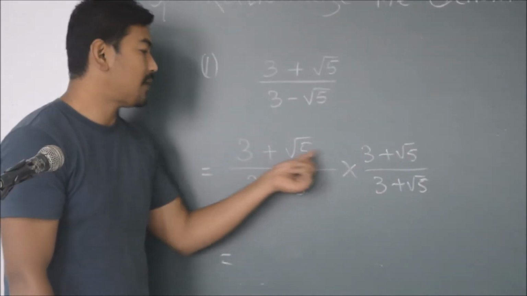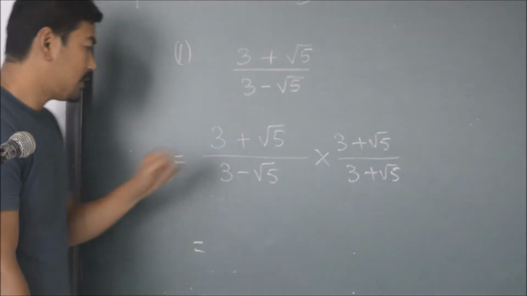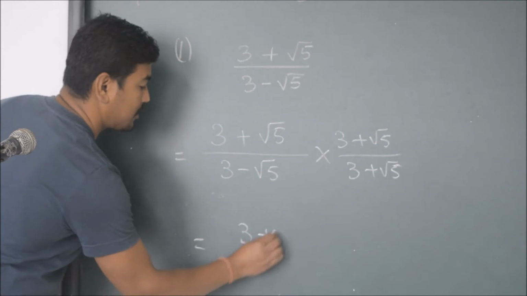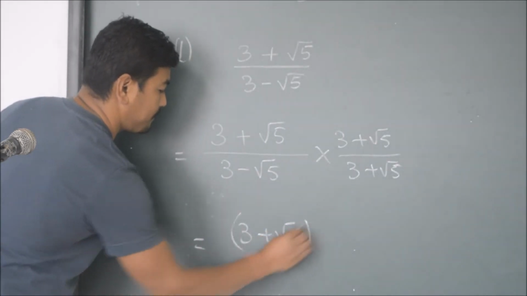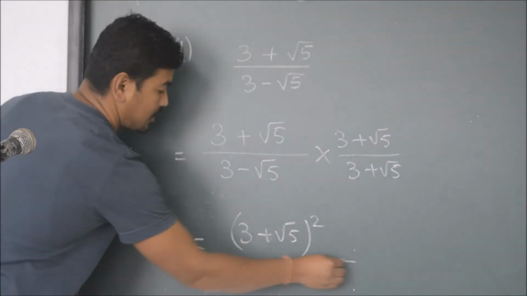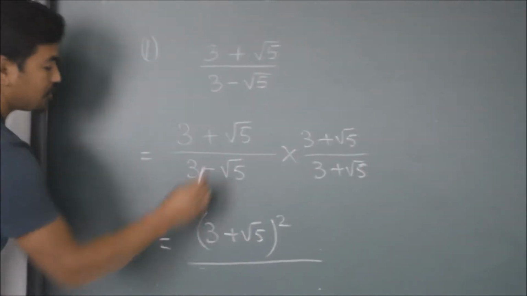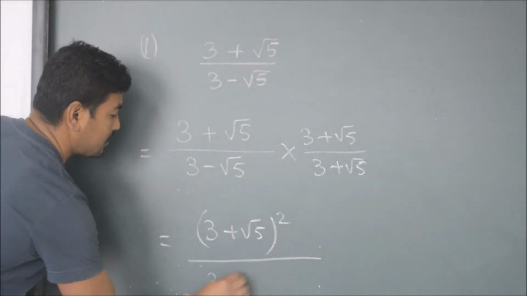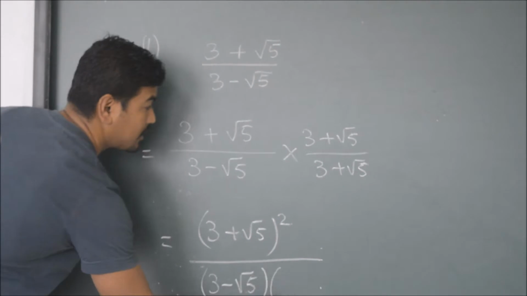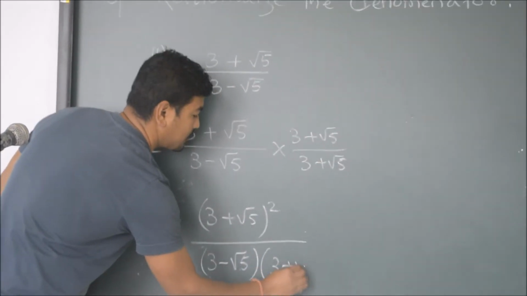So 3 plus root 5 into 3 plus root 5 can be written like this, 3 plus root 5 whole square. Square means 2 times. Divided by, in the denominator we have 3 minus root 5 multiplied with 3 plus root 5.